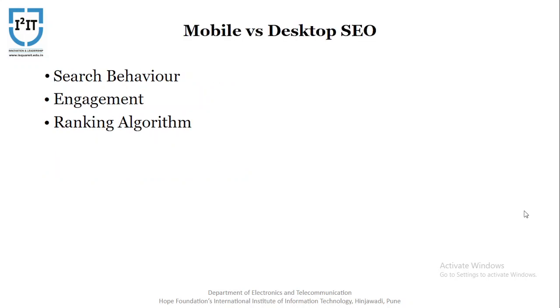Then comes what is mobile SEO and what is desktop SEO, and what are the differences between both. First comes the search behavior, second is the engagement, and third is the ranking algorithm. As you know, mobile searchers are utilizing their mobile devices to search at different times than those on a desktop and generally have different context from their further search.